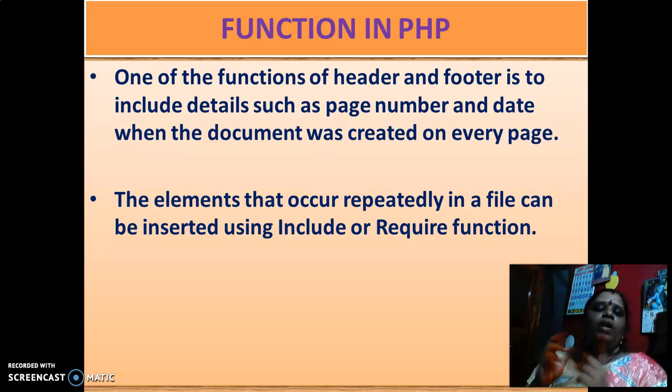This page number and date should be there in all the pages of the document, so it is occurring repeatedly, right? It is needed in long web pages. So the elements that occur repeatedly in a file can be kept separate, and we can insert them using the include or require function.